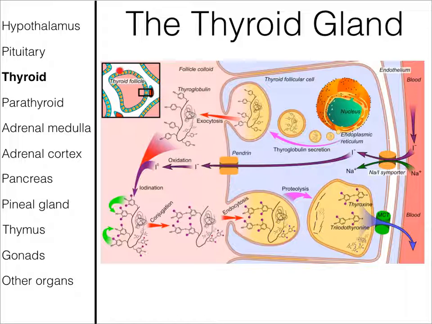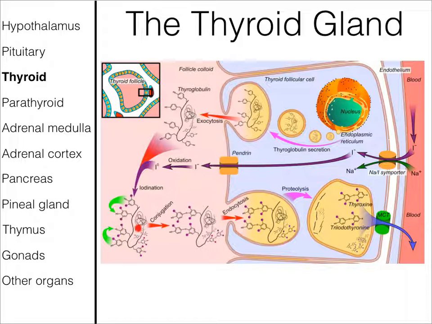These cuboidal cells around the outside of the follicle are going to secrete pre-thyroid hormone, and they're also going to absorb iodine from the blood and then secrete iodine into the lumen of the follicle.